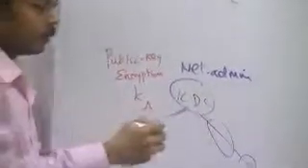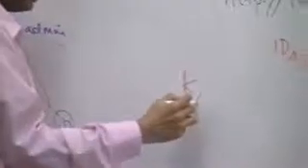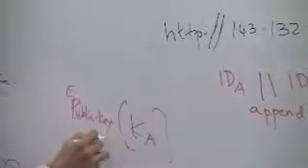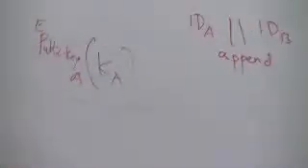Remember we saw last time what we could do. KA could be generated by the KDC as a secret key. It could encrypt that with the public key of what? User A and send it. So only user A could decrypt that with its private key.